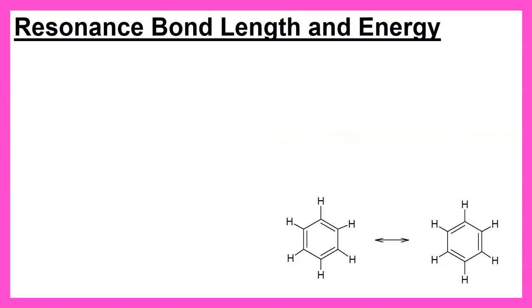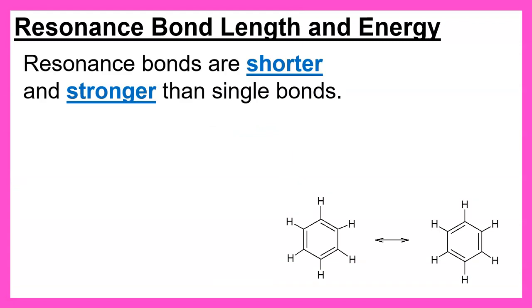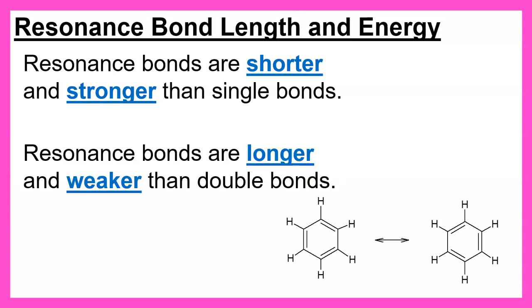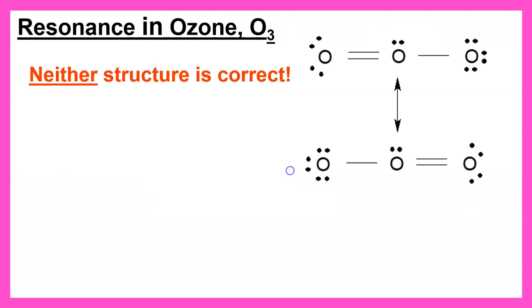We see that these resonance bonds are shorter than our single bond, therefore stronger, but they're longer and weaker than a double bond. And here's the thing that's hard to understand. Neither of your resonance structures that you drew are accurate.